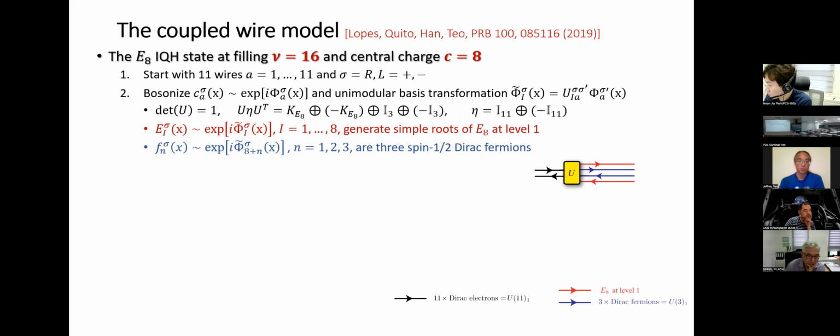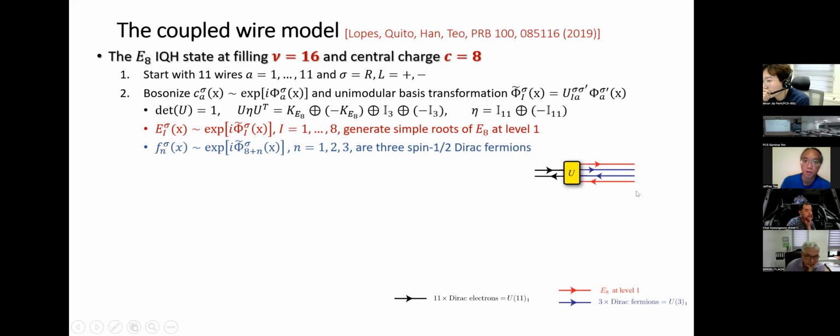Because the model is many-body interacting, it is more conveniently understood using the bosonized variables. So for each electron operator c, I can bosonize it to be e to the i phi. So this is an electron operator. And then I can perform some unimodular basis transformation.